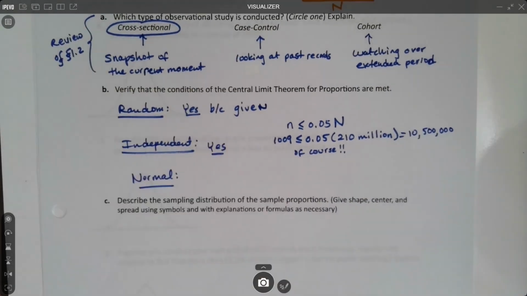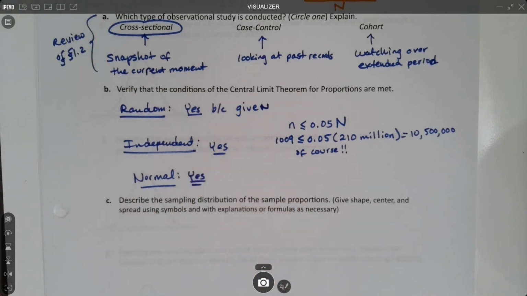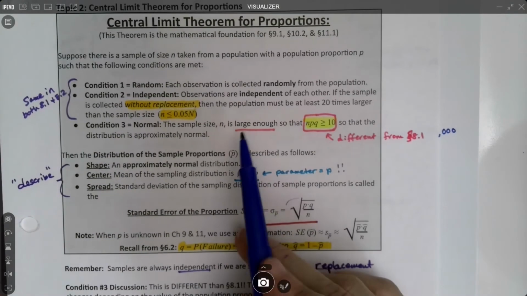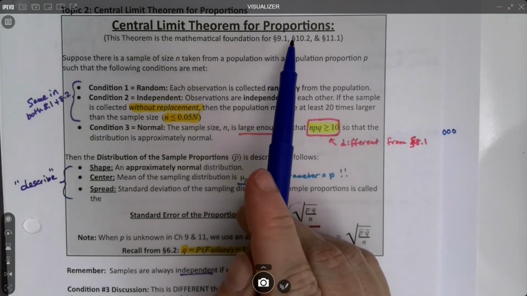Normal is going to be a yes also, but we're going to prove it. It's not always; you never know, some project you're working on might not work out to be normal. But in the central limit theorem, to be normal, we have to have npq be greater than 10. That's the way it is for proportions.